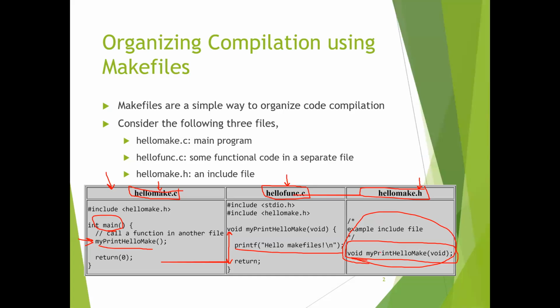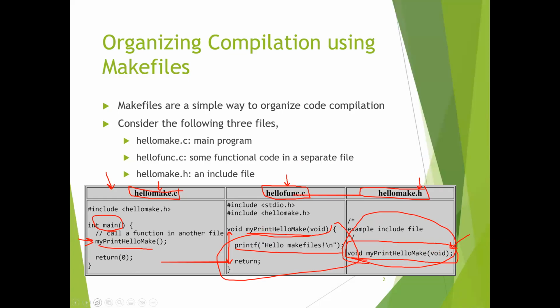So basically, the first line of myPrintHelloMake without all of these curly braces and the definitions are all stored in one line, followed by a semicolon, and all of this are inside a header file, which is called hello-make.h.